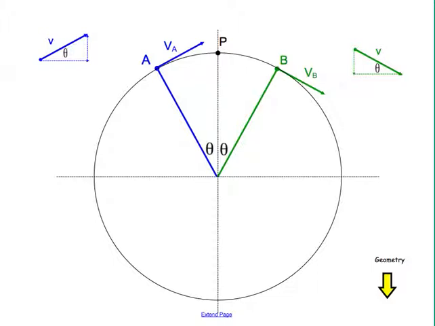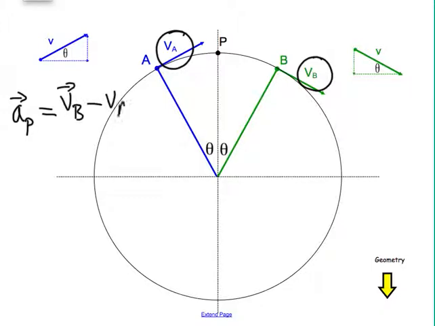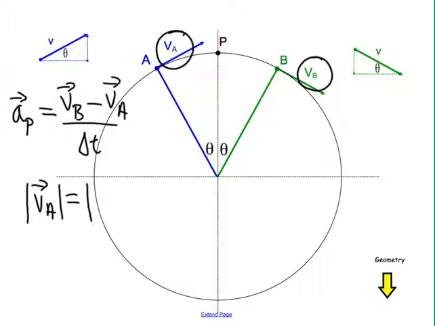What we want to find is the acceleration at point P, which is a vector, and that will equal the change in velocity, which is the velocity right after point P, at point B, minus the velocity right before, at point A, divided by the time it takes to go from A to B. Remember that the magnitude of the velocity at point A is equal to the magnitude of the velocity at point B, and for simplicity I'm going to call that v. That will be the same throughout.